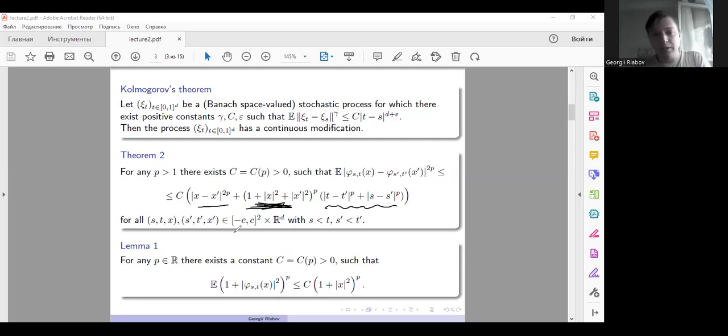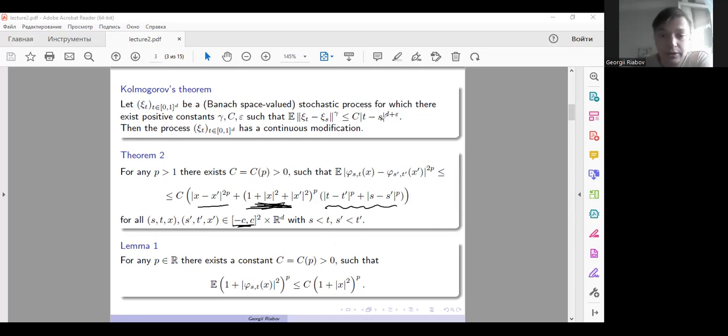Since p can be an arbitrary number bigger than 1, we can take, for example, p bigger than d plus 2. So we will get a continuous modification. And also in all considerations connected with this result, we will assume that s and t also belong to some segment from minus c to c.